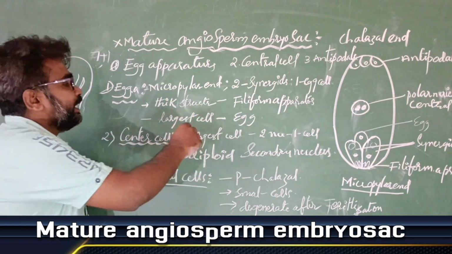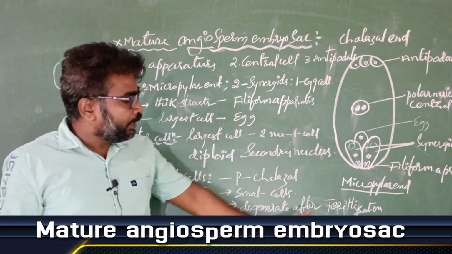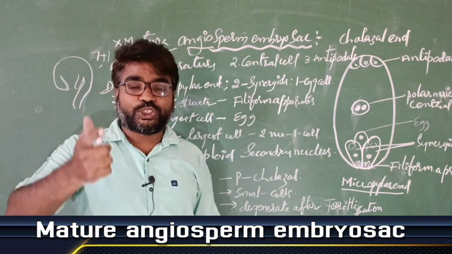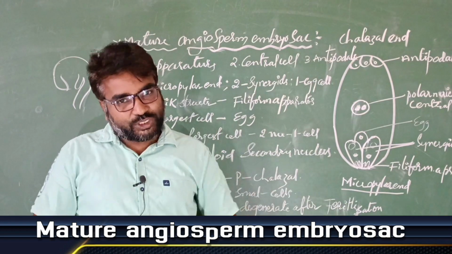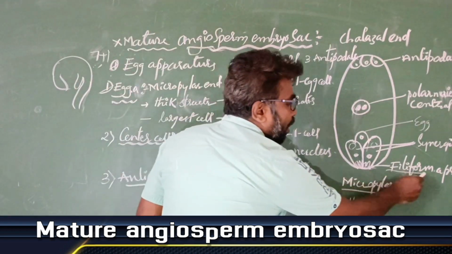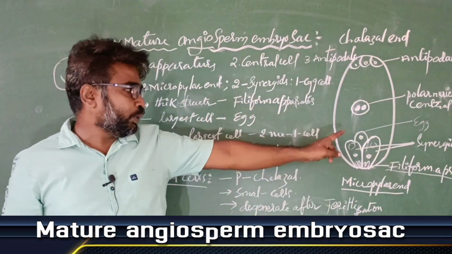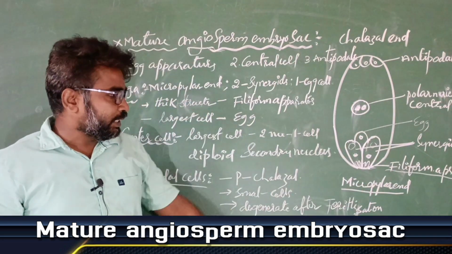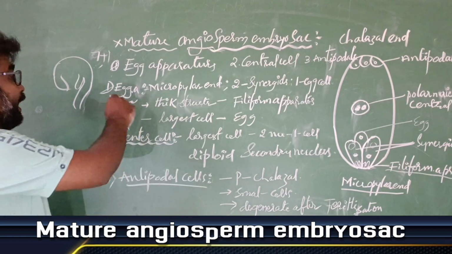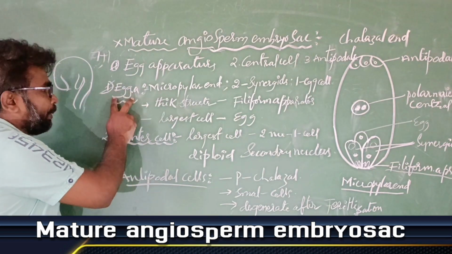The second one is the synergid cells at the micropylar end. They have a finger-like or thick finger-like structure that we call the filiform apparatus. Synergids, number 2, egg cell, number 3, filiform apparatus in the egg apparatus.